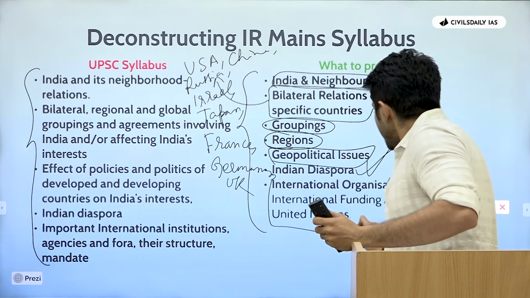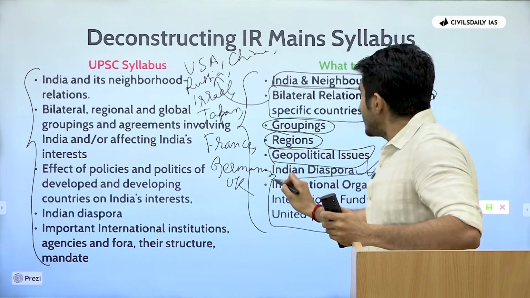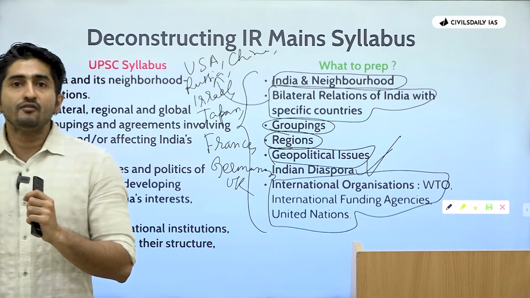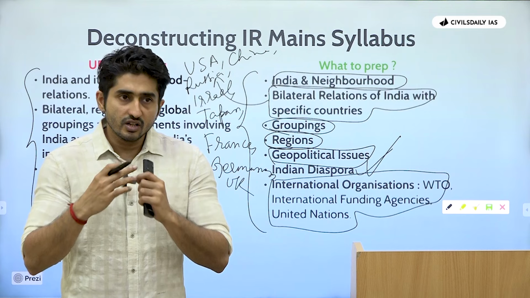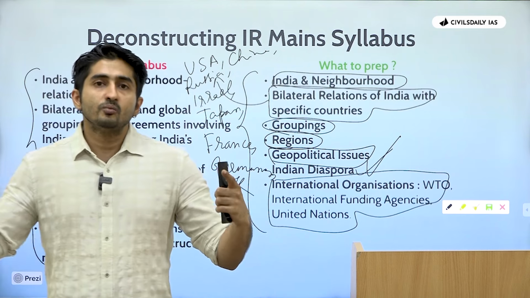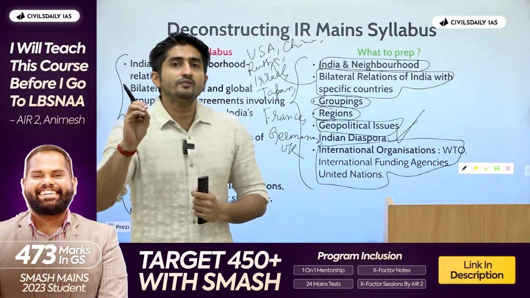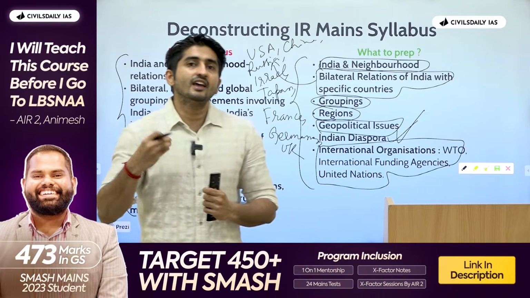Then a separate block is the international organizations. Now, if you start reading each and every aspect of international organizations, it itself will be very voluminous content. But if you look at the past papers, you find very specific organizations which appear again and again.